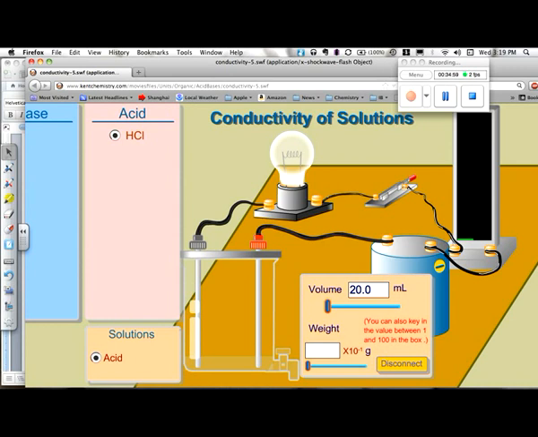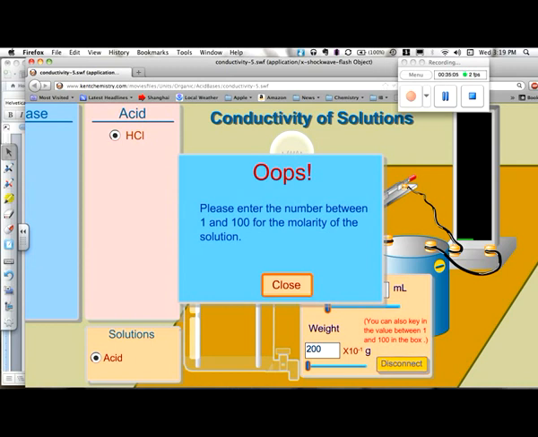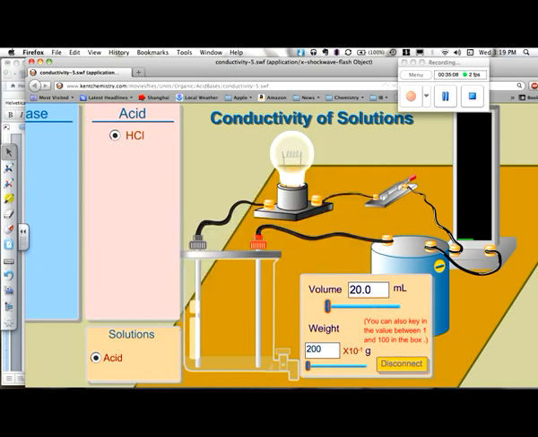So let's do 20. We did 200. Oops, disconnect. We did 100 before, so that was the highest. And can I change this? All right, well, let's change it.